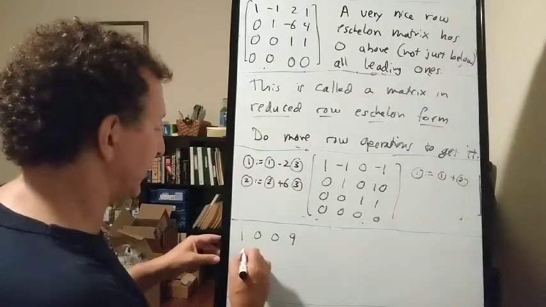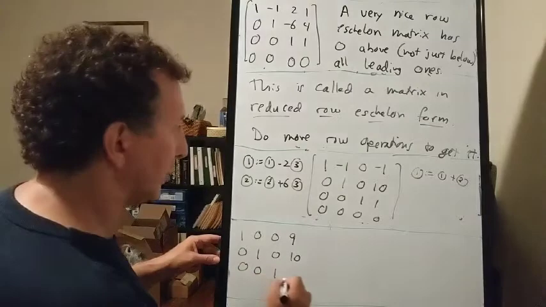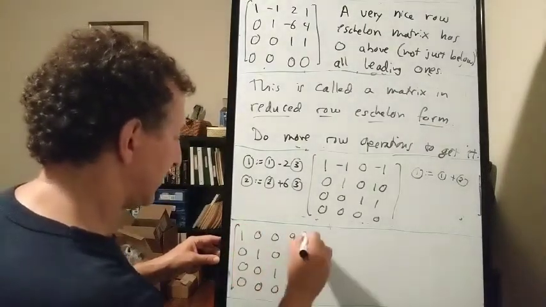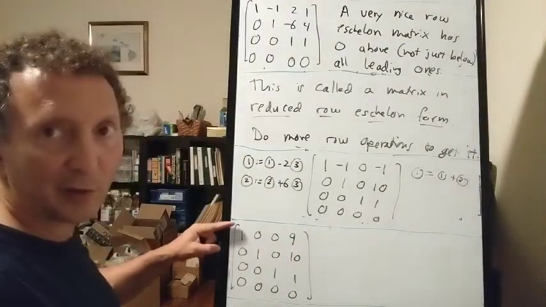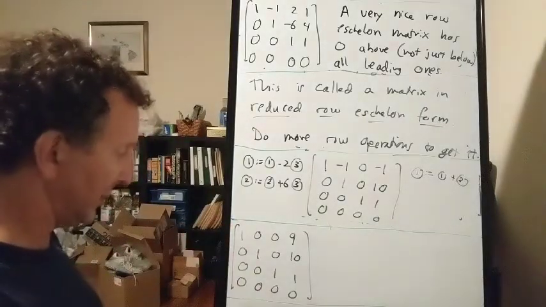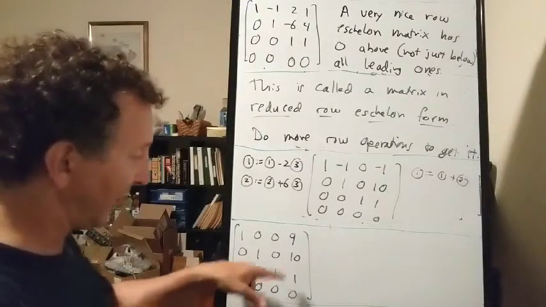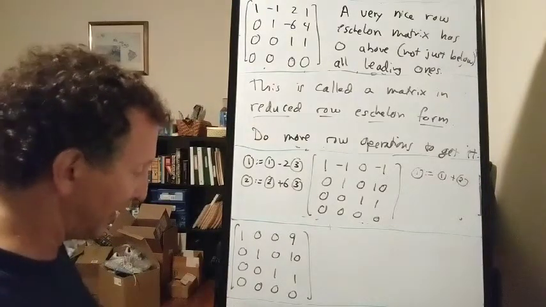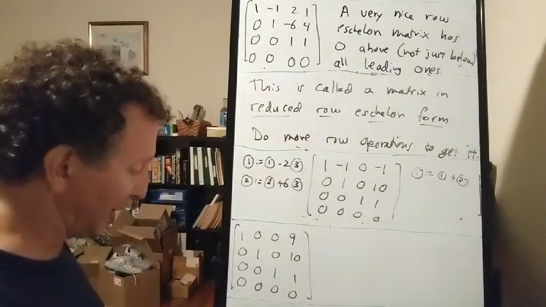And then copy the other rows, 0, 1, 0, 10, 0, 0, 1, 1, and all zeros. And now every leading 1 is the only non-zero entry in its column. It has all zeros below it and all zeros above it too. This is not a leading one because it's the second one in this row, so that one does not need to have zeros above it and below it. In fact, it's not always possible to do that. It's possible to do it for the leading one in each row, but not necessarily other ones.